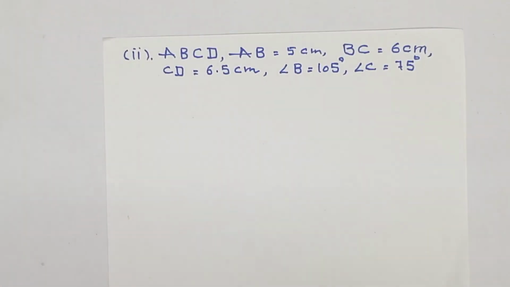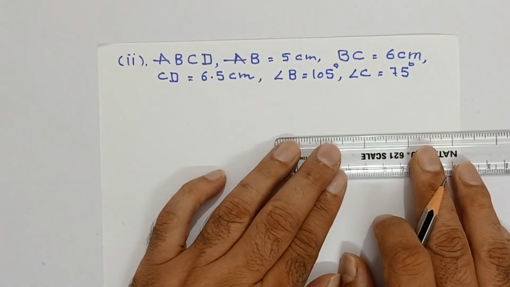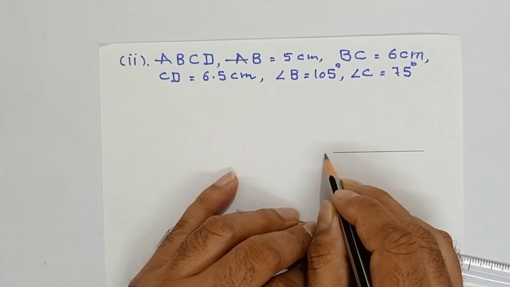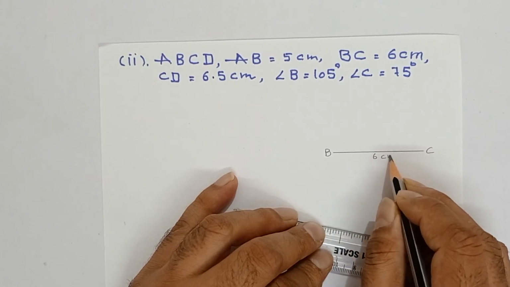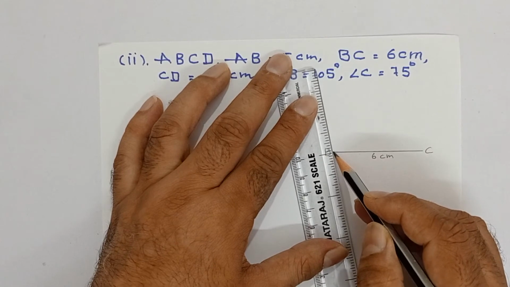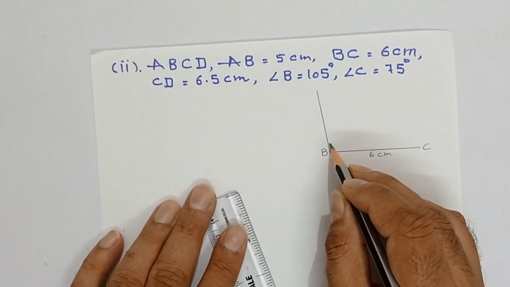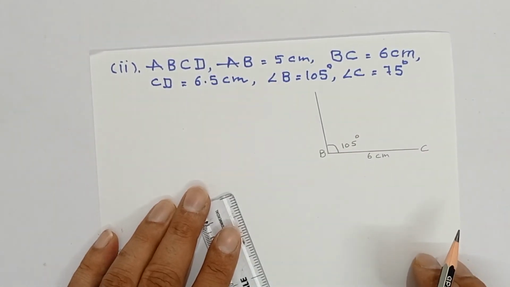ABCD quadrilateral is to be constructed and AB, BC, CD are given. Since angle B and C are given, I will be taking BC as the base. Drawing a rough sketch again. This is BC and BC will be taken as 6 centimeter. Angle B is of 105 degree. Little outwards it will come. Like this 105 degree will come. Although it is a rough sketch, I am giving it the same shape as will come in the original.